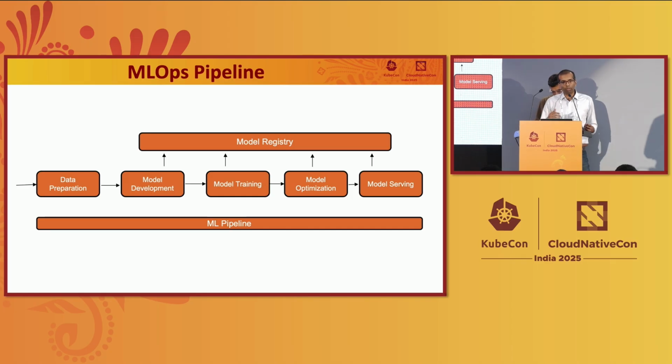And over time, you'll have newer versions, and then you do all kinds of deployment rollout strategies, like canary, blue-green deployment, etc., which is supported in the model serving component. And altogether, you have an ML pipeline which can orchestrate this entire workflow based on your requirements.